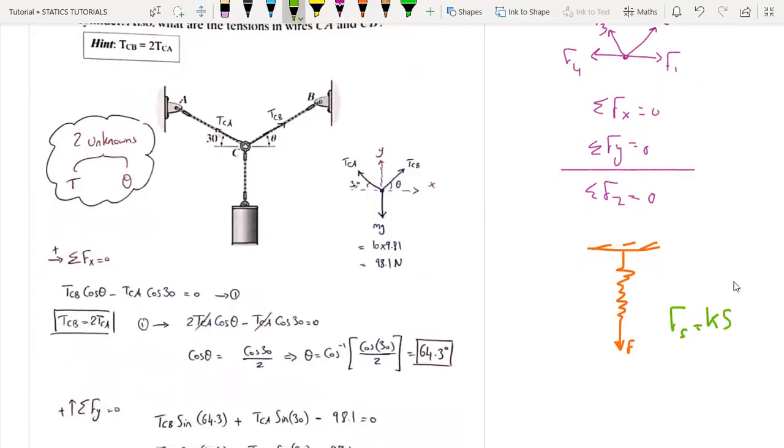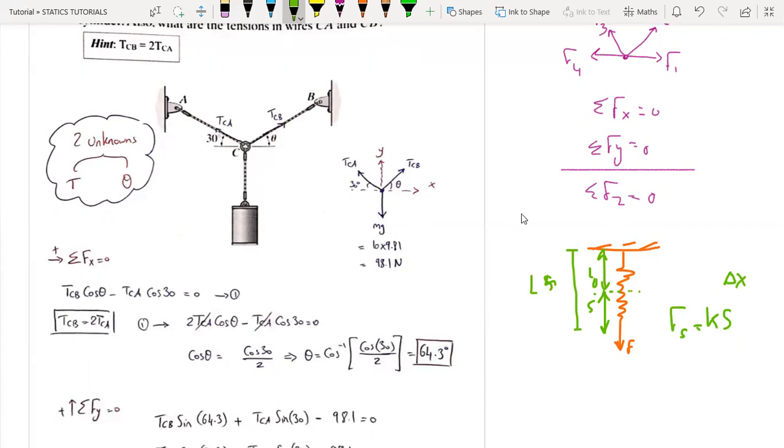It can be either contraction or elongation, or in some books it's called delta X. Here is our original length l0, and here is our stretch s or delta X. So here is the total length after the stretch, or after applying the load.